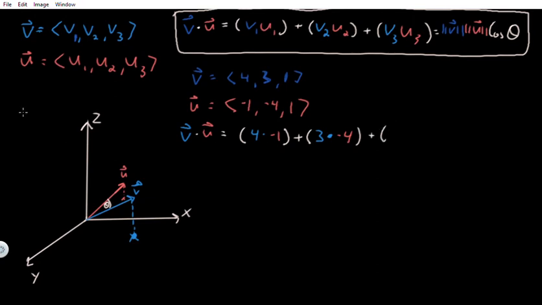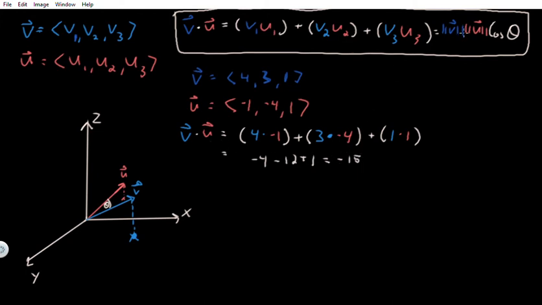I'm sorry if it seems I'm taking a while with my color scheme. I just want to make sure that you understand what I'm doing. So we get that v dot u equals -4 minus 12 plus 1. This gives you -16 plus 1, a -15 as our answer for v dot u.